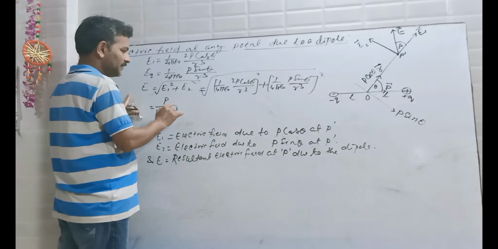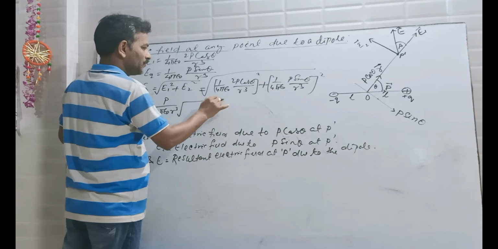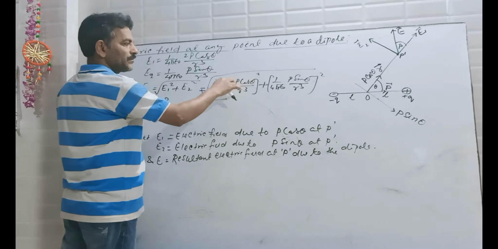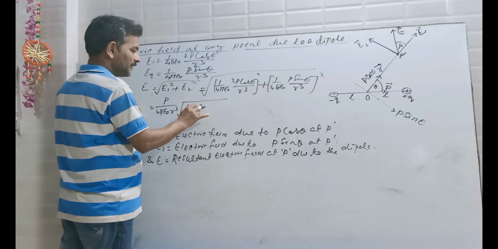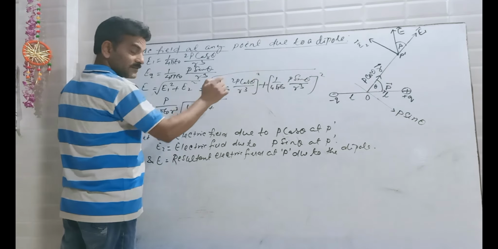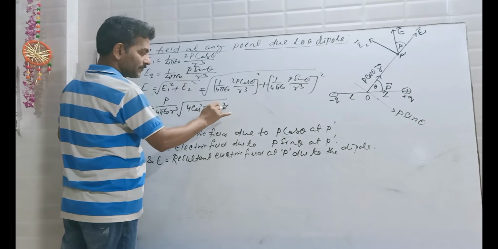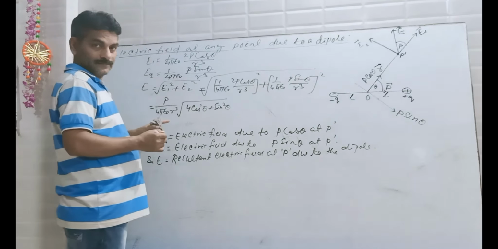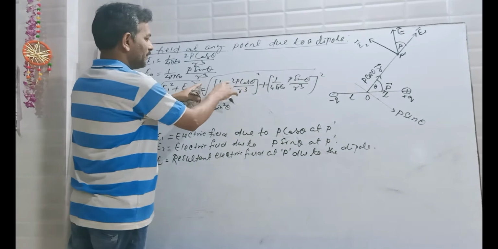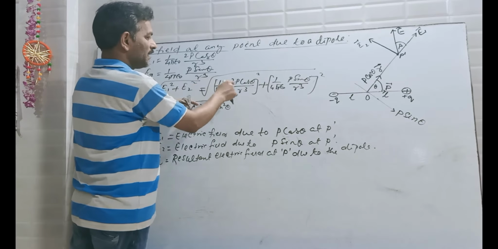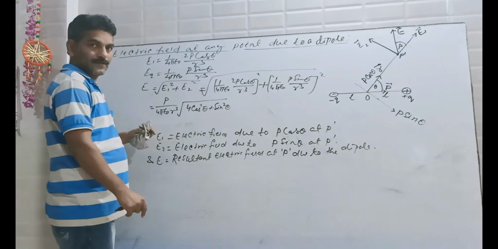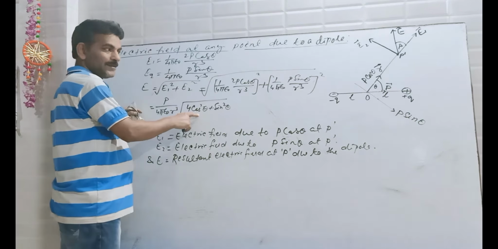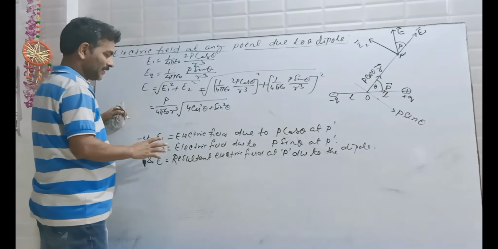Taking these out, you put the root: square of 2 cos theta is 4 cos square theta, plus sin square theta.